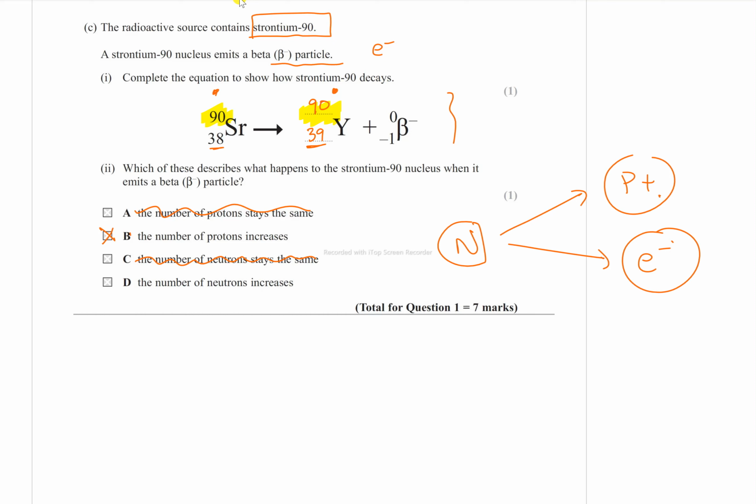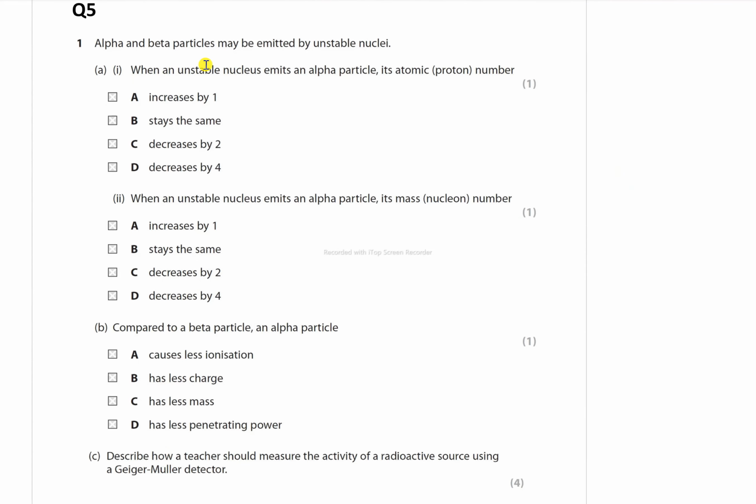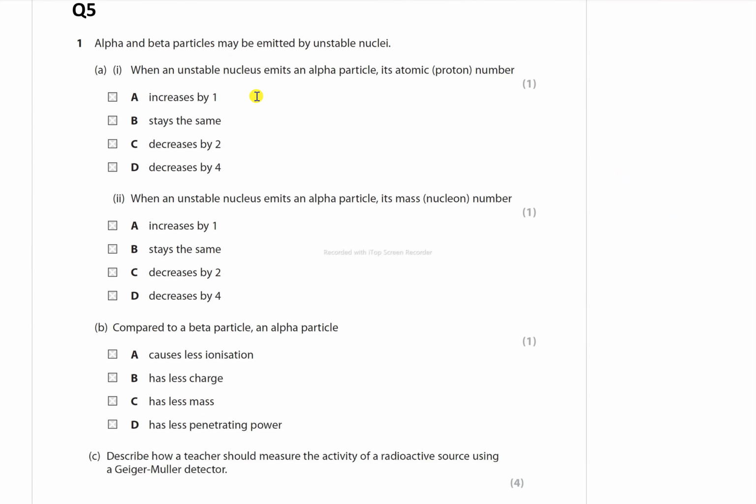These two charges will cancel out, and that one there is neutral. The number of neutrons increases, no. Okay, we're happy with that? Right, let's just stop there and we'll do the next one.